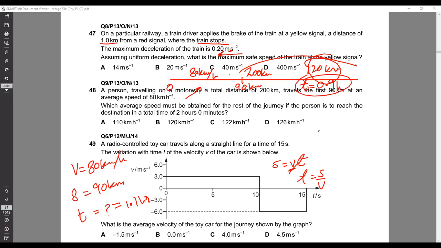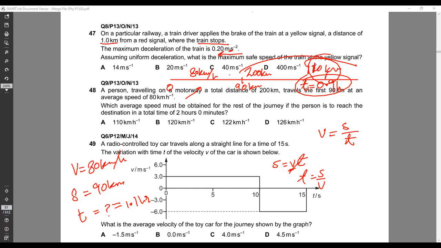So what will be the speed? Speed will be equal to distance over time. So can you check out what's the next speed? 120 in 0.9 hours. Sir, won't the rest of the distance be 110 kilometers? Oh, my mistake. Yeah, that's right. Sorry for that. I overlooked it.